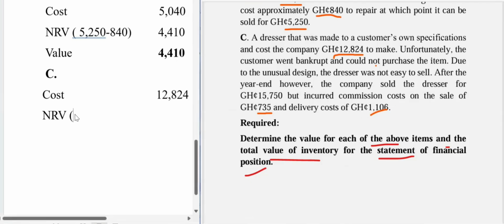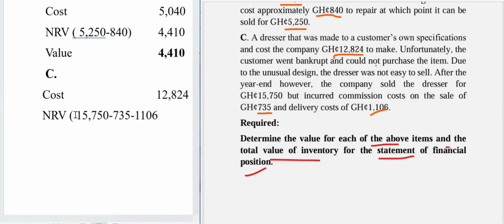So just pick your selling price, which is 15,750, minus the costs to sell: 735, and then 1,106.